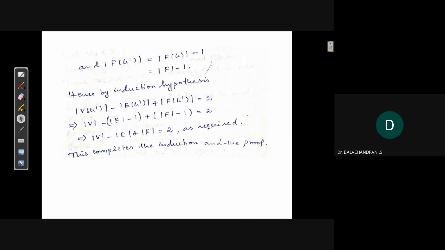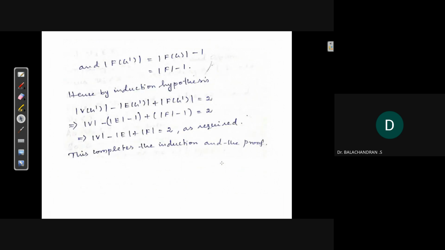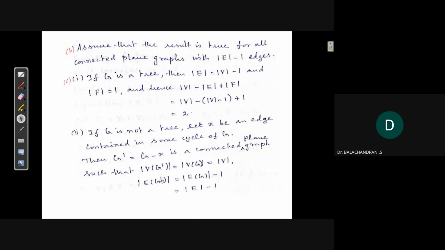So what is Euler's formula? The cardinality of V of G dash minus the cardinality of E of G dash plus the cardinality of F of G dash is equal to 2. But we know that the cardinality of V of G dash is the cardinality of V, and the cardinality of E of G dash is the cardinality of E minus 1.